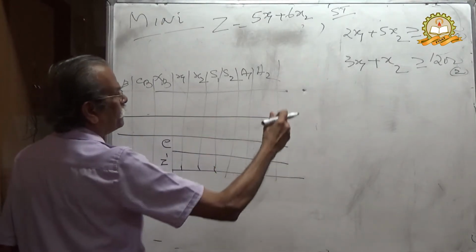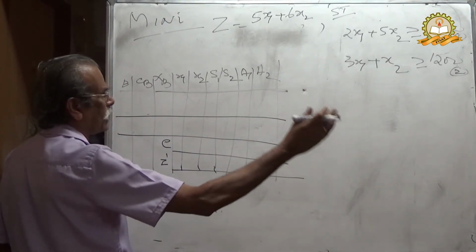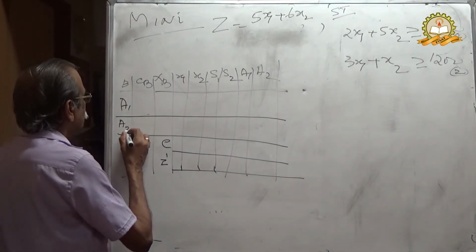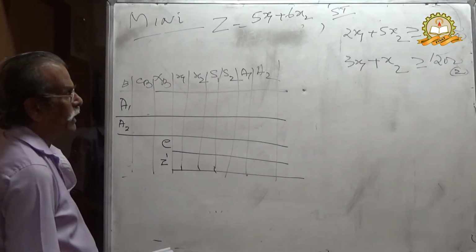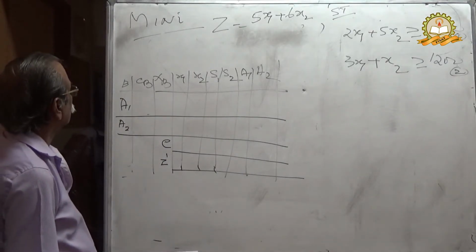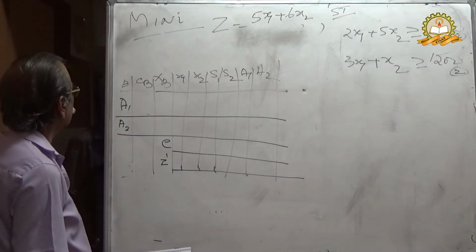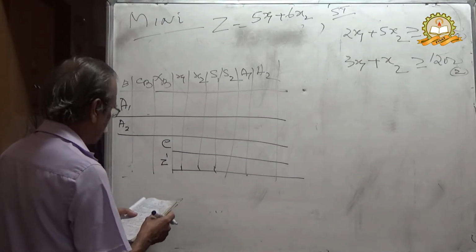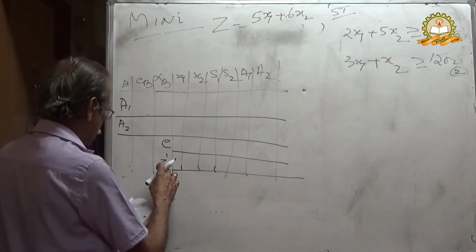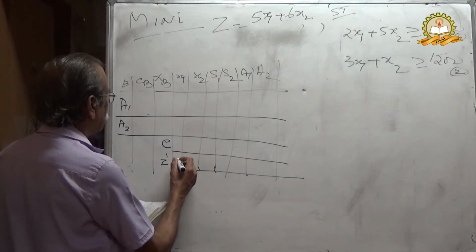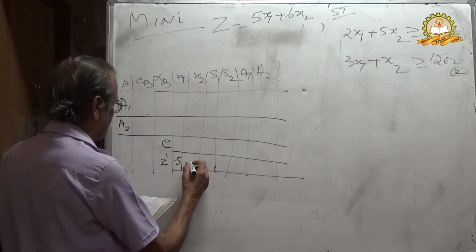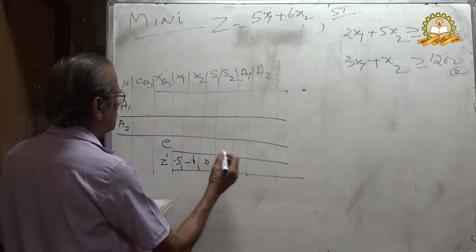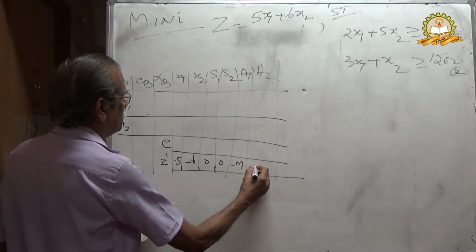Here you have subtracted s1 and added an artificial variable, so I write a1, and subtracted s2 and added a2. Therefore you write a1 and a2 alone, and the z dash row is minus 5, minus 6, 0s1, 0s2, minus M, minus M.